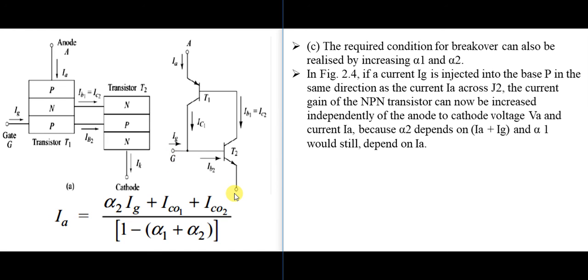But the current gain of transistor T1, that is alpha 1, is still depending upon the anode current, means the emitter current. So the things are very simple.